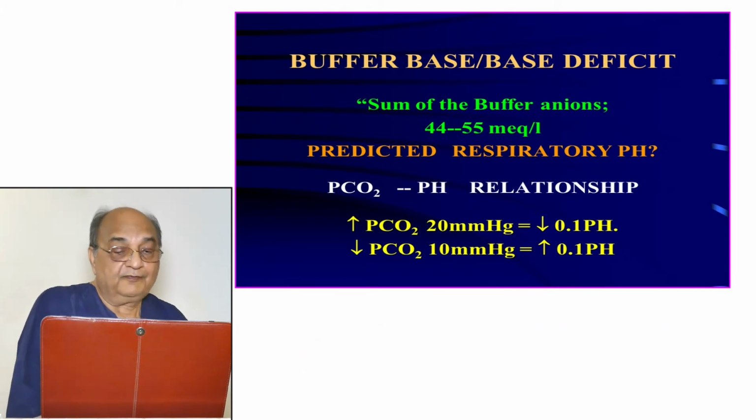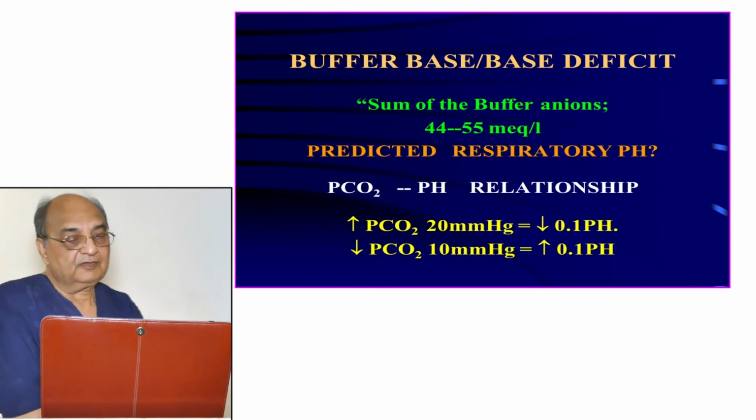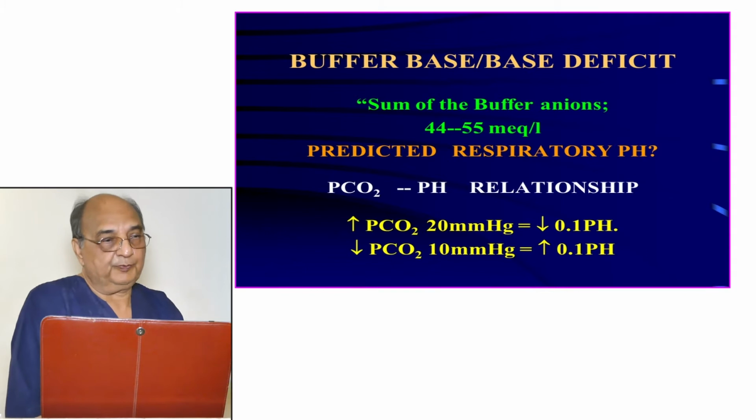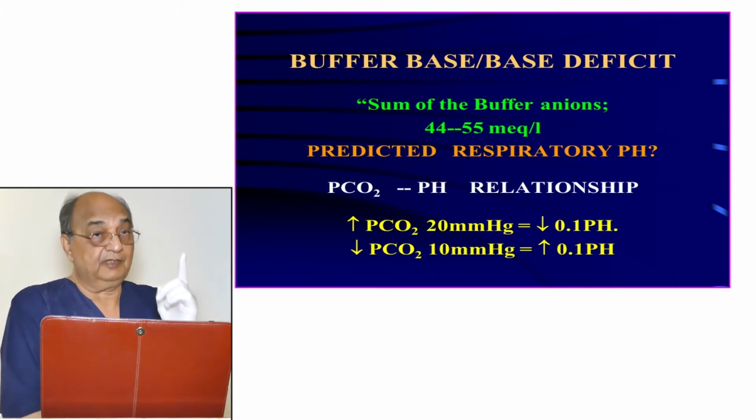So from here, when you have got an ABG in front of you and you want to calculate the predicted respiratory pH, if you look at the PCO2, if you increase the PCO2 by 20 millimeter mercury, it will have an effect on the pH of 0.1.